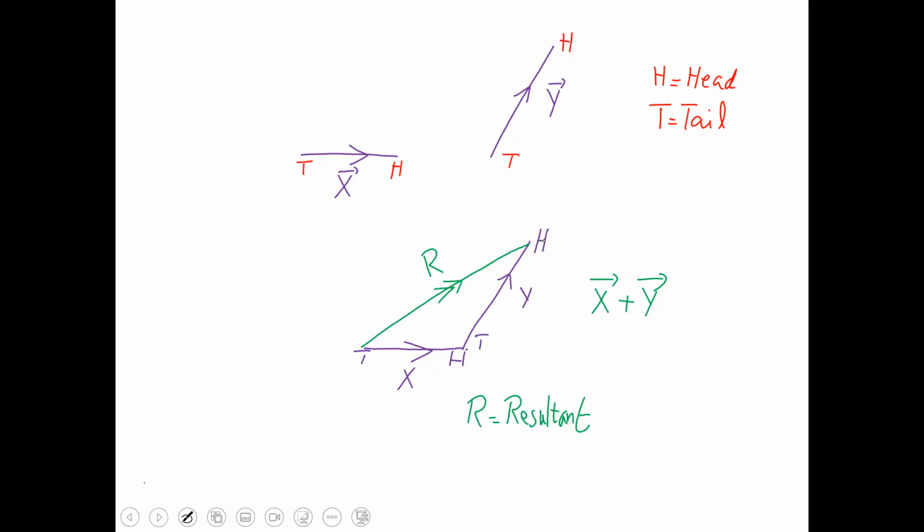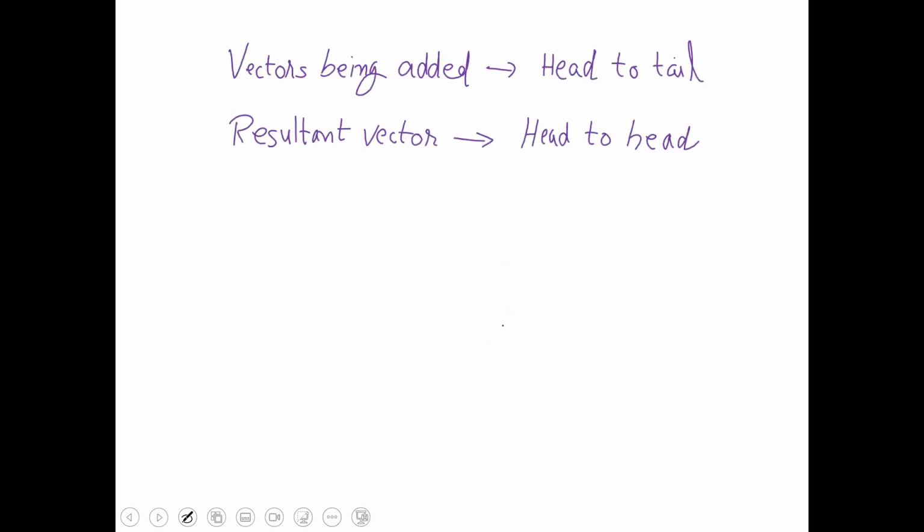Now look at this one. It means this vector is the resultant and these two vectors are being added. So this is a way to identify which vector is the resultant and which vectors are being added.